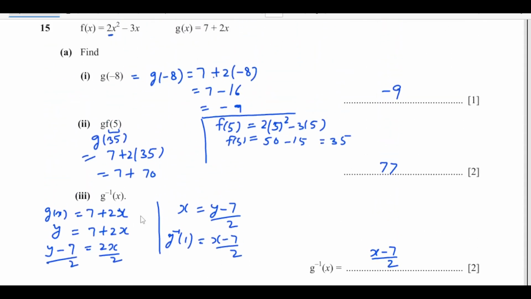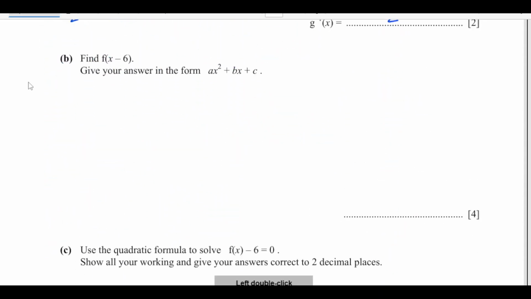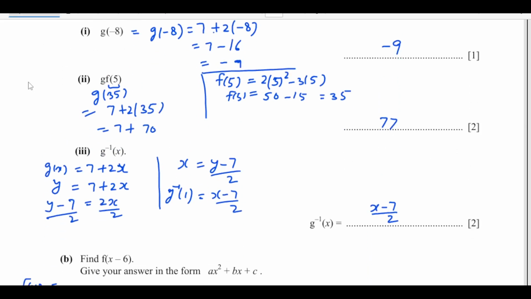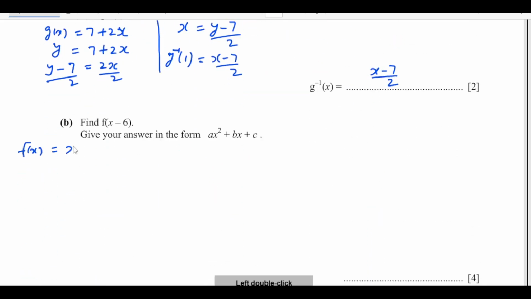Let me first write down f(x) here. f(x) is 2x squared minus 3x. And we are looking for f of x minus 6. So just plug in x as x minus 6.